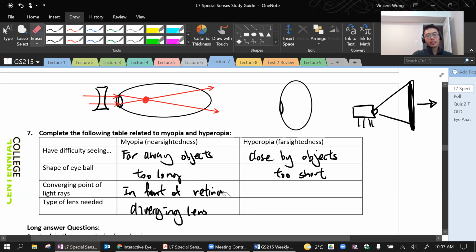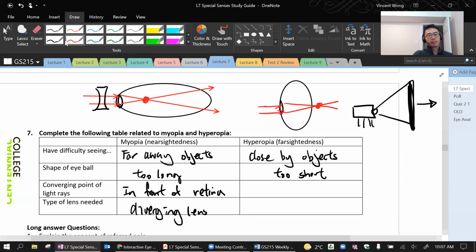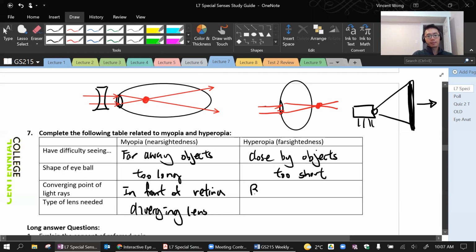Okay. On the other hand, for hyperopia, the light rays come in and then they would be converging behind the retina. Okay. And you would need to wear a converging lens to make the light rays come together sooner, okay?